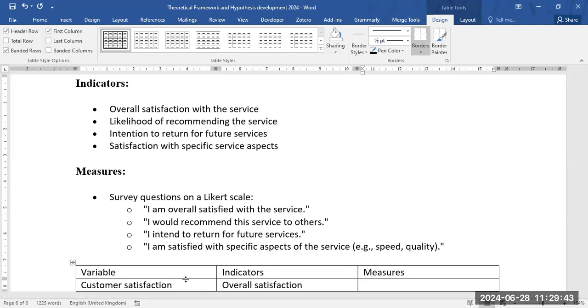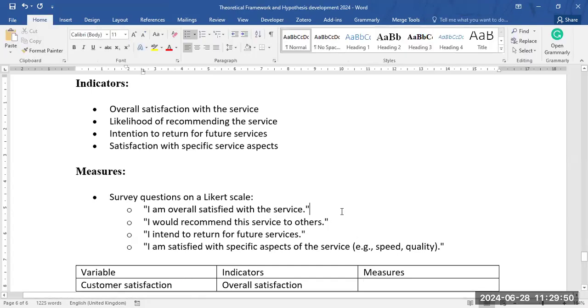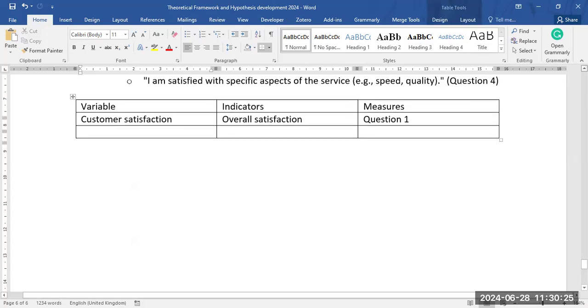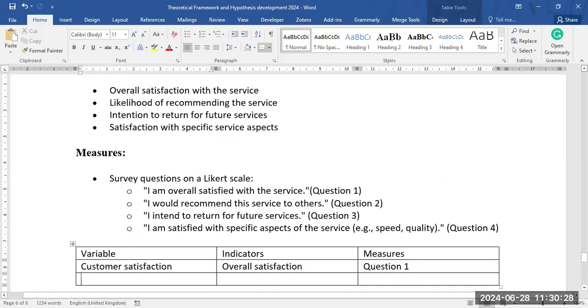Say for example, if it is question 1, this one question 2, this one question 3, this one question 4. So straight away you can use question 1. Then the second indicator, likelihood of recommendation.